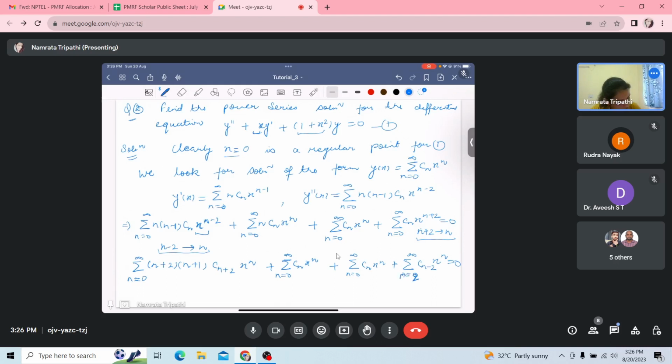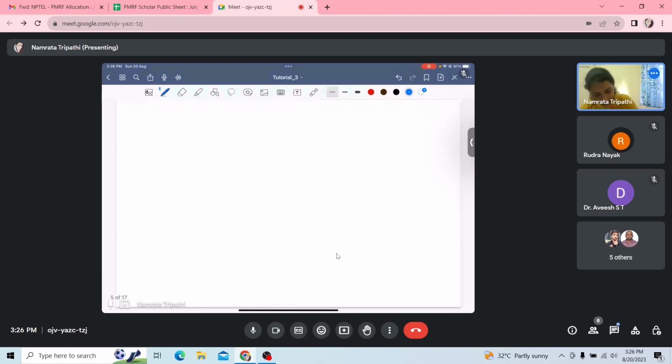After replacing, this is varying from n equals 2 to infinity. Okay, in the first and second terms, we will put n equals 0 and 1, and the rest of the things we can take common in a single bracket. While putting 0 and 1, the terms we will get, you can check, these are simple calculations.